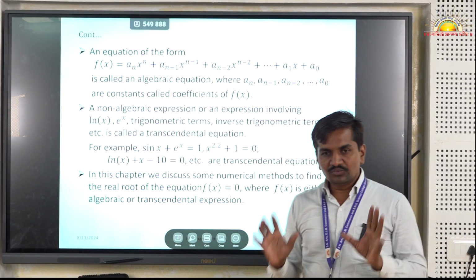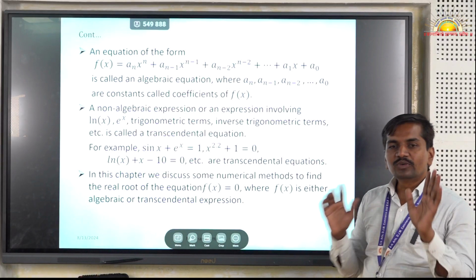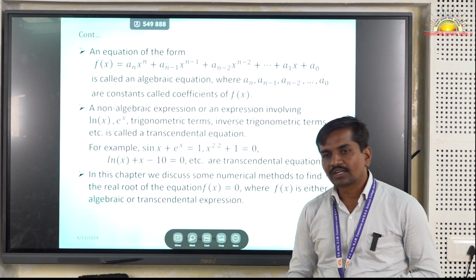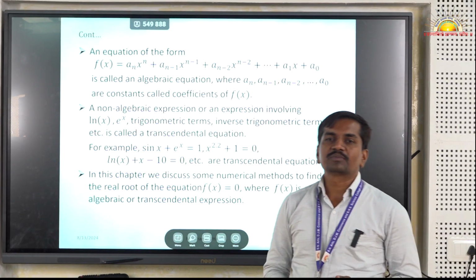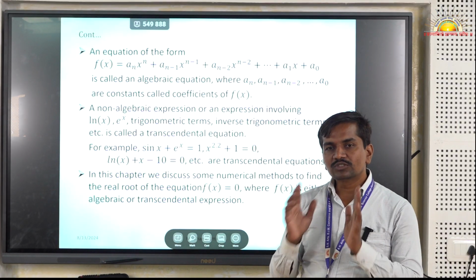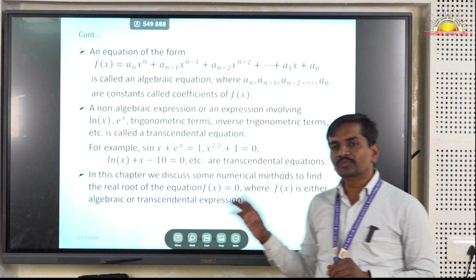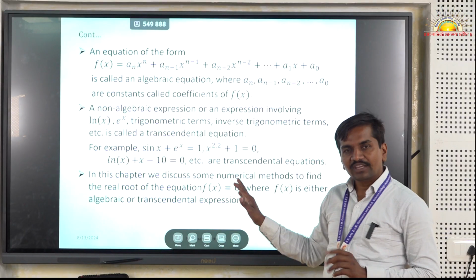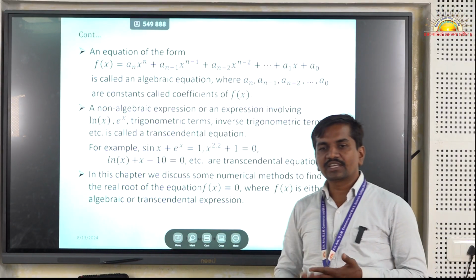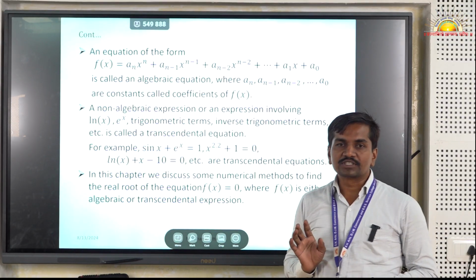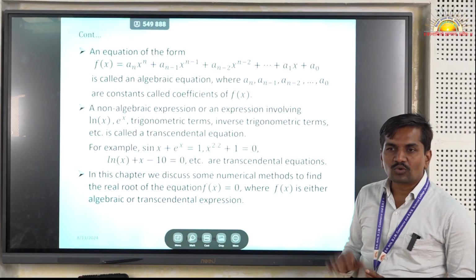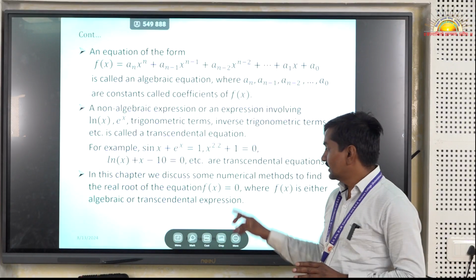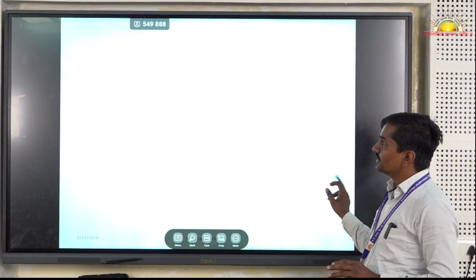In this video we discuss some numerical methods, namely the bisection method, the regula-falsi method, and the Newton-Raphson method, which are useful to compute the root of the equation f of x is equal to 0, where f of x is either an algebraic or a transcendental equation. These methods provide a numerical approximation to the root.